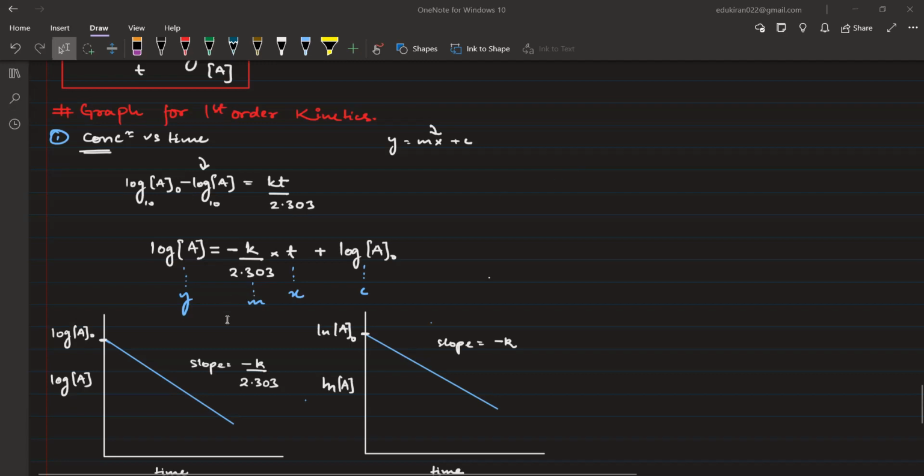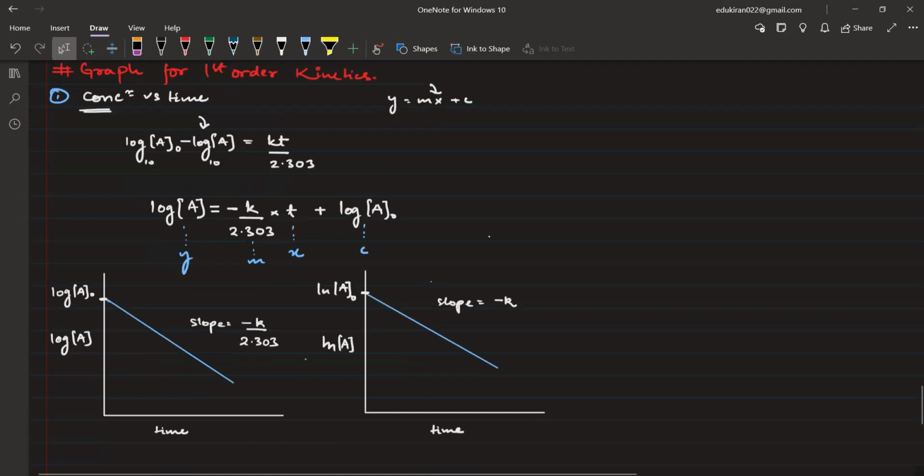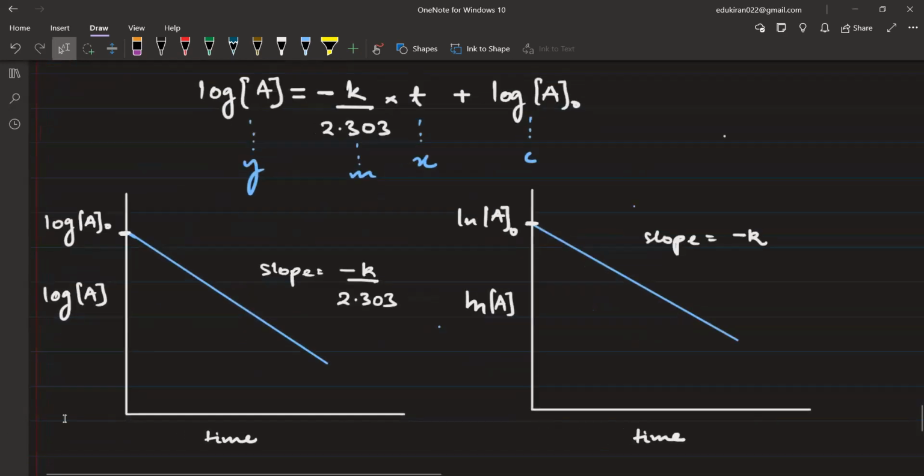No, not done. Draw quickly. I will give you a few more seconds, and then we will look at the next graph. Okay, that is it. Write the next graph, second graph.